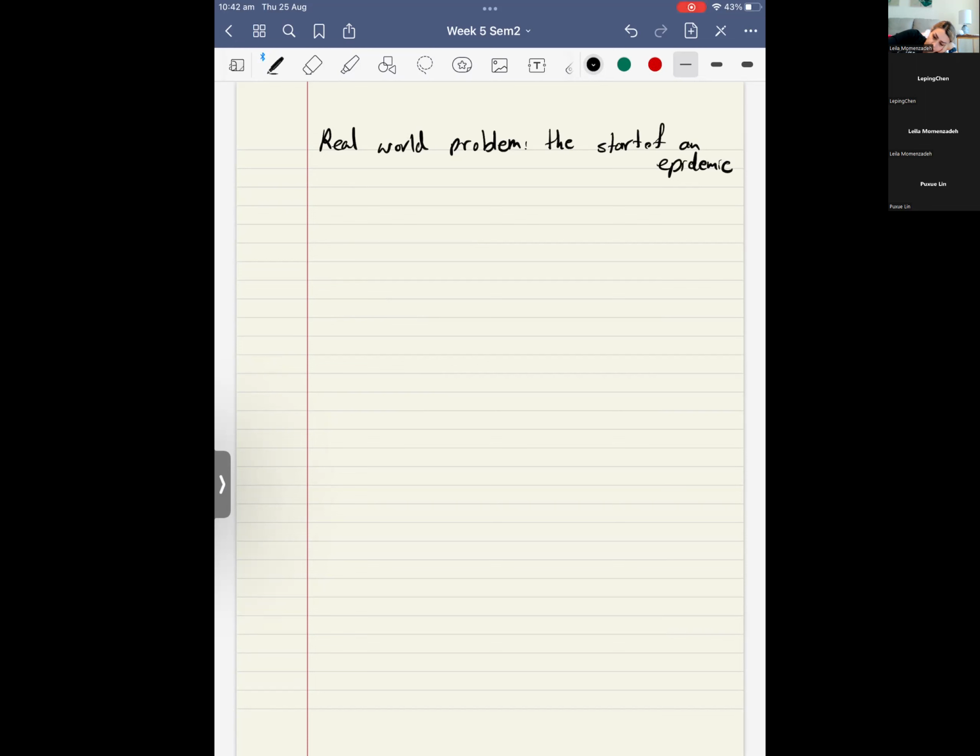It means one new disease appears, and for example the first time, at time t equals 0, 5 people are sick. A new disease has appeared at time t equals 0. 5 people are sick.